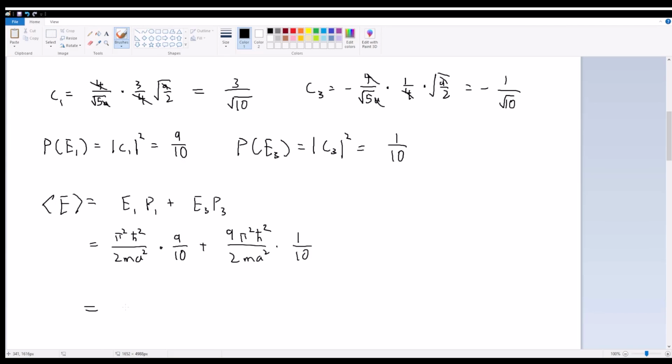So this is going to give us, let's see, 18 pi squared h bar squared over 20m a squared, which is going to be equal to 9 pi squared h bar squared over 10m a squared. And that is the end of this problem.